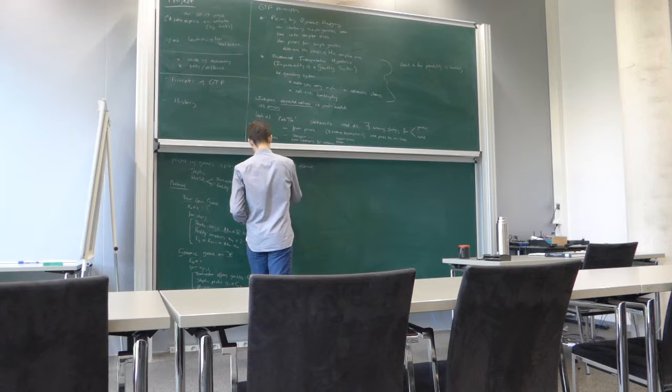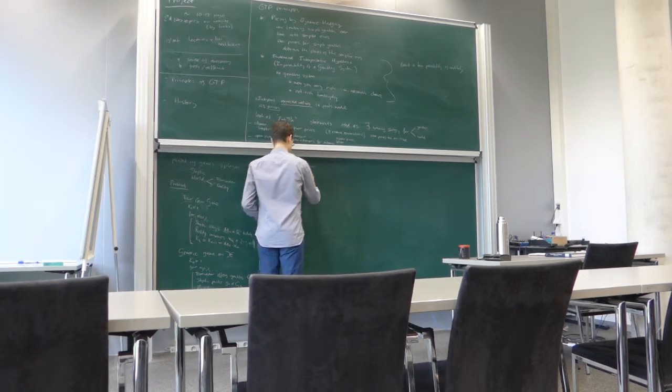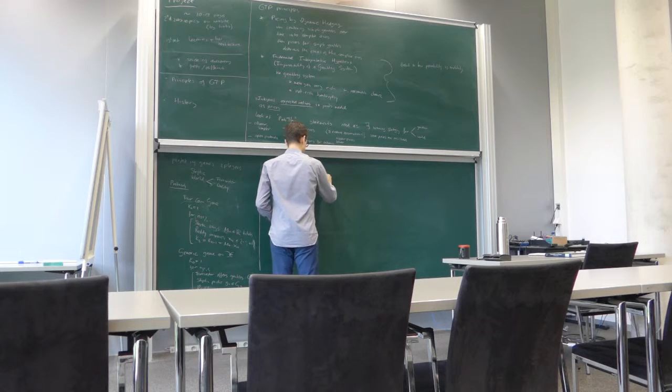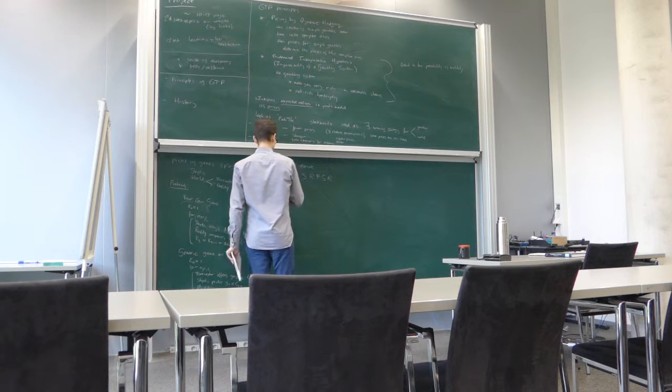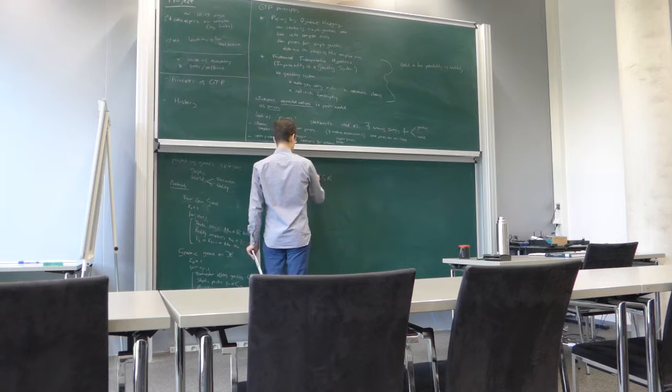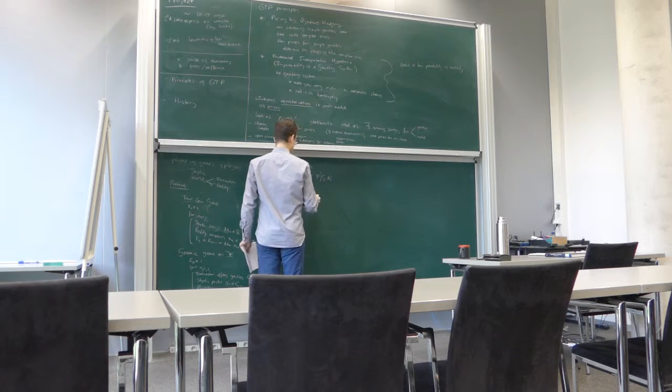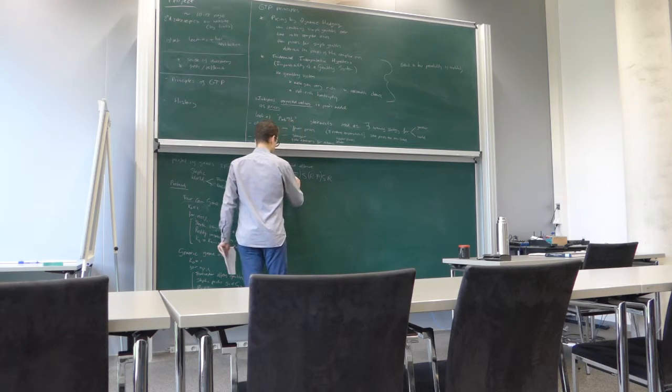So we have forecaster, then skeptic, reality, forecaster, skeptic, reality, and we'll group them like this, and this is always world.